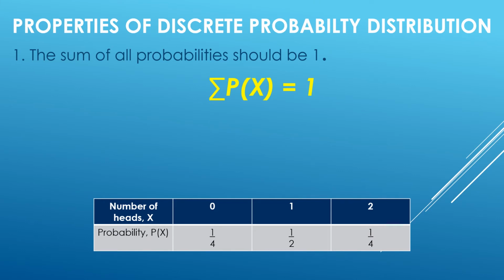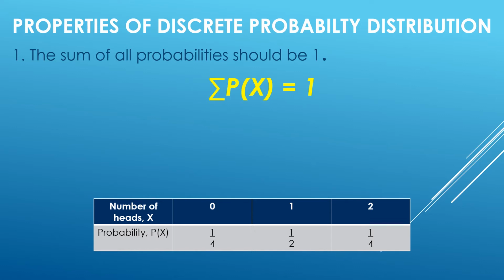We have here the table, a distribution. So we have number of heads, 0, 1, and 2. This was the example in the previous slide. And we have here the corresponding probability, 0, probability is 1/4, 1, the probability is 1/2, 2, the probability is 1/4.